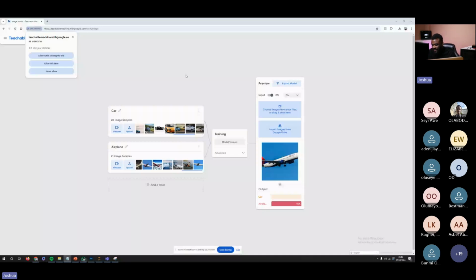Identifying between a car and a plane may not have any practical need, but in real world applications, a simple image AI can be used in things like quality control. For example, imagine you develop products and you sell lampstands and you want to be able to tell, is this product damaged or not?